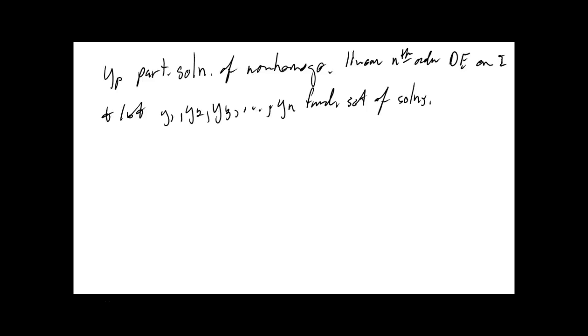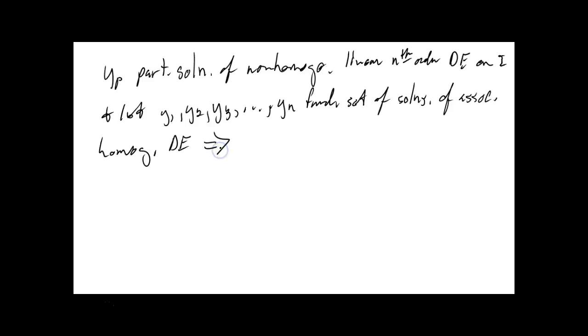There's not just a unique fundamental set, there could be many of them, but this is a fundamental set of solutions of the associated homogeneous differential equation. That was number 6, remember, on that same interval I.